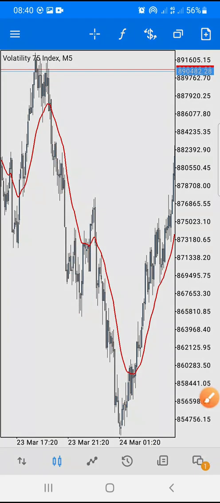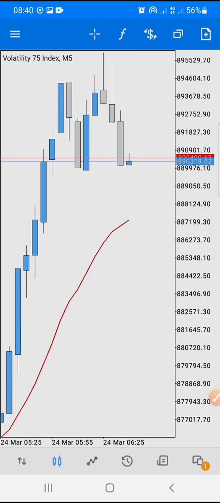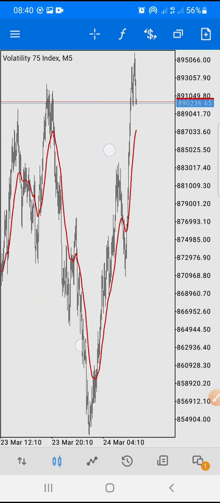With that being said, we have to go back to those two words: an impulse and a correction. There always has to be an impulse, and after the impulse there has to be a correction. If you know price action, that's where you want to see where the market is going afterwards.